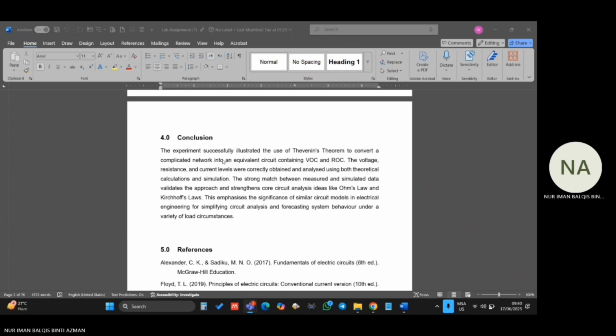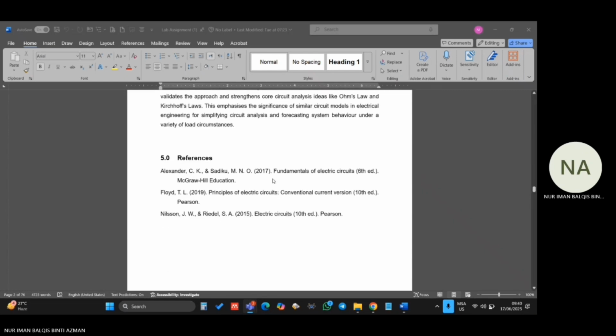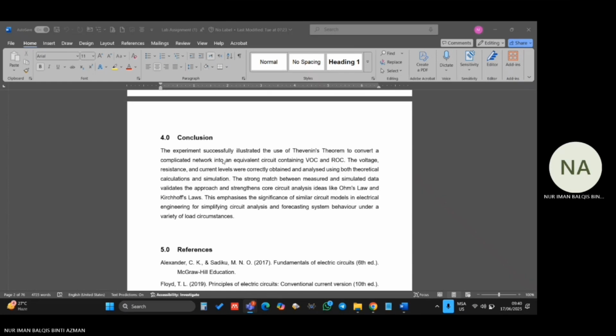The values of VOC, ROC, and current were consistent with both theoretical and simulated data. This shows the importance of the theorem in electrical engineering, especially in simplifying analysis and understanding the effect of varying load conditions. It also reinforced key concepts like Ohm's law and Kirchhoff's current law in real-world circuit analysis.